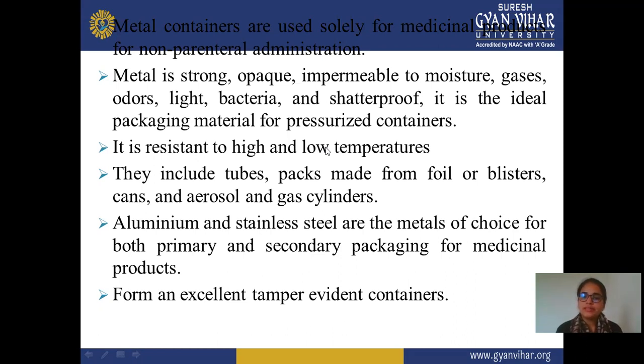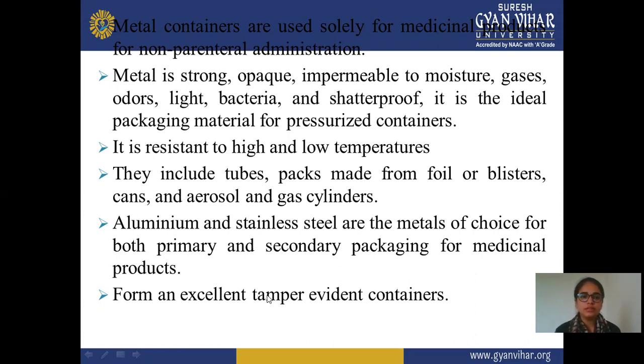Aluminum and stainless steel are metals of choice for both primary and secondary packaging of medicinal products. This means with the help of metal, you can package formulations as both primary and secondary packaging. Second, it forms an excellent tamper evidence container. Yes, it also has a good tamper evidence property.